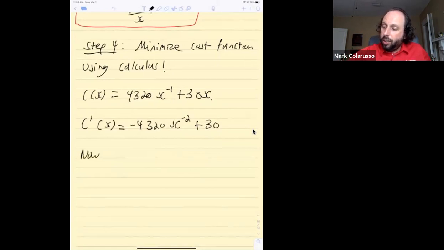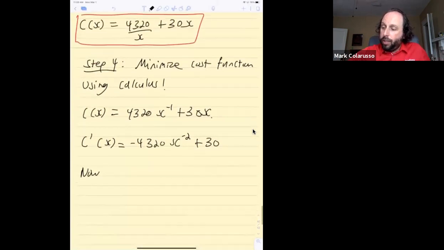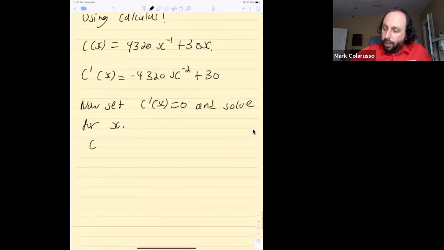And that's just the power rule, but it's power rule with a negative power. So now set C prime of x equal to 0 and solve for x. So you get 0 equals minus 432 x to the minus 2 plus 30.